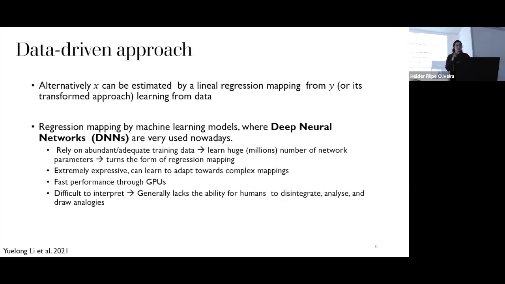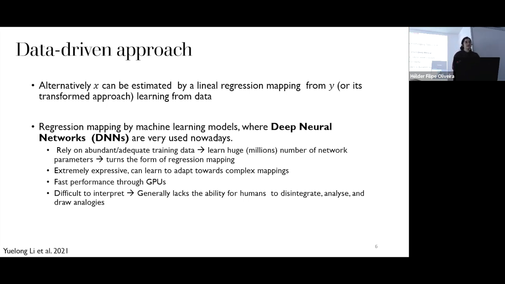Alternatively, what we've been doing is using machine learning, where we estimate X by learning from data, using some regression mapping. Among these regression mappings in machine learning models, the more popular ones now are deep neural networks, because they are very powerful and rely on abundant training, learning millions of parameters through the network.